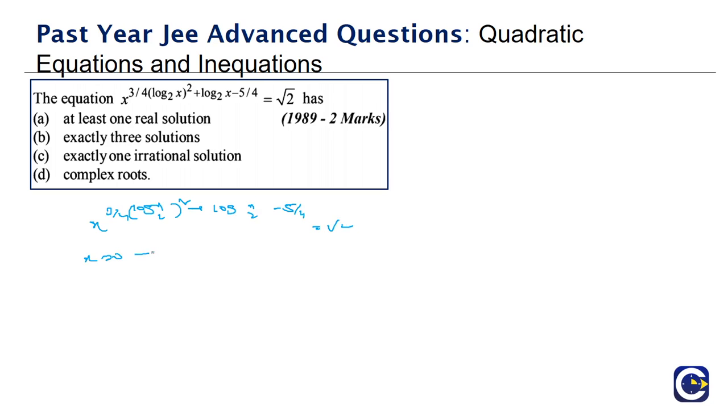For x greater than 2, you can take log on both sides, you will get (3/4)(log₂x)² + log₂x − 5/4 equal to log √2.